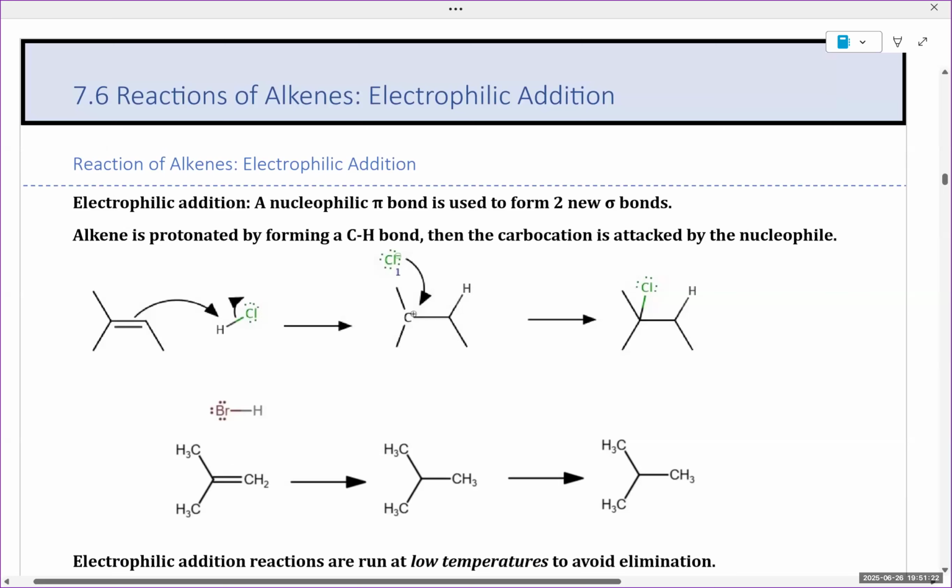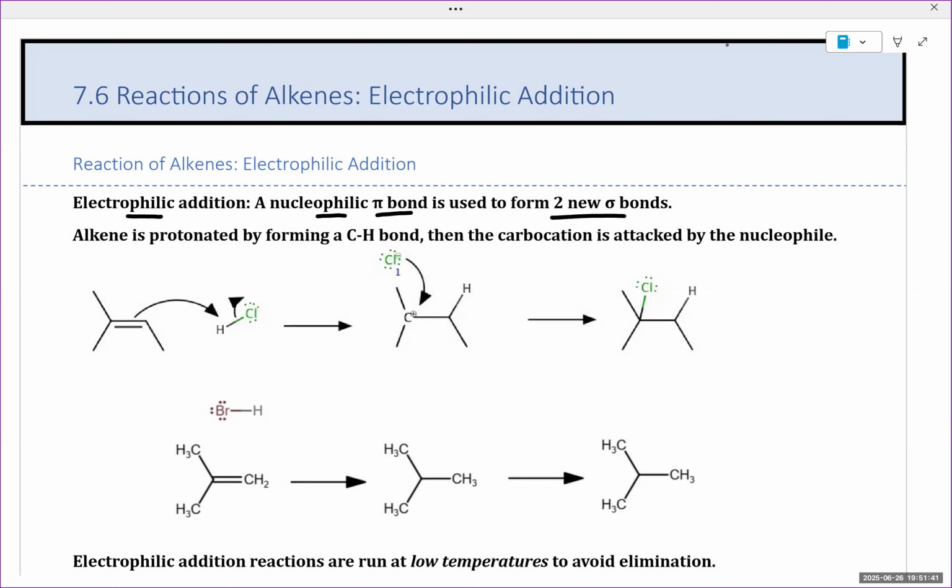We've talked a lot about alkenes. Now let's talk about some modes of alkene reactivity. One of the more common ways that alkenes can react is via electrophilic addition. In electrophilic addition, a nucleophilic pi bond is used to form two new sigma bonds.